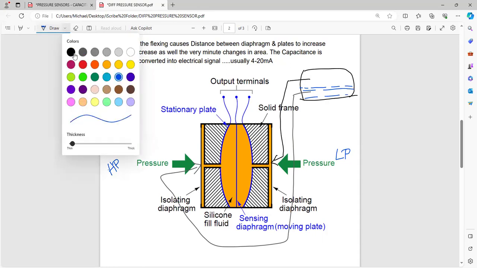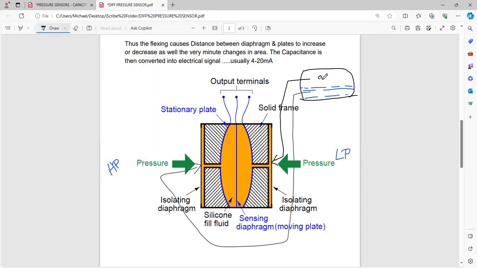Here is steam and here is water. Here you have water acting plus the steam pressure acting. So there are two pressures that are there, the steam pressure and the water pressure. This will be your low pressure, so only the steam is acting over here.